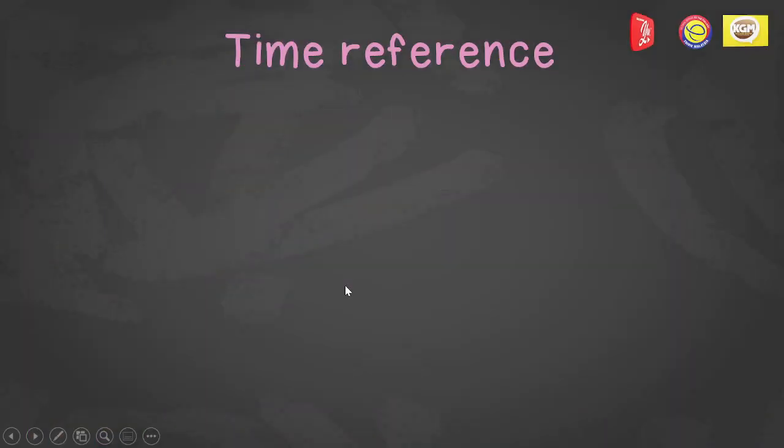So, here are some examples of time reference. Of course, there are so many more, but I will only show you just a few that are used in the sentences that we have seen in this video.